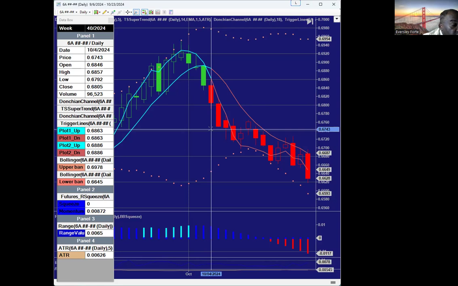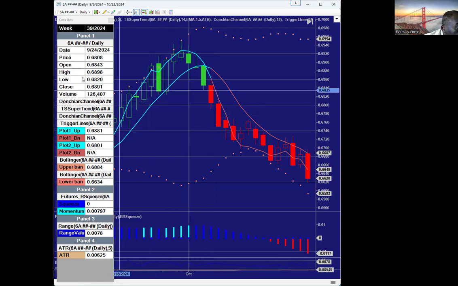This is the Australian dollar. With the price, open, high, low, and close, the regular stuff you're familiar with, it's four decimal places. For Australian dollar micro contracts, the fourth decimal place is a tick. So if this went from 0.6764 to 0.6765, it went up one tick.